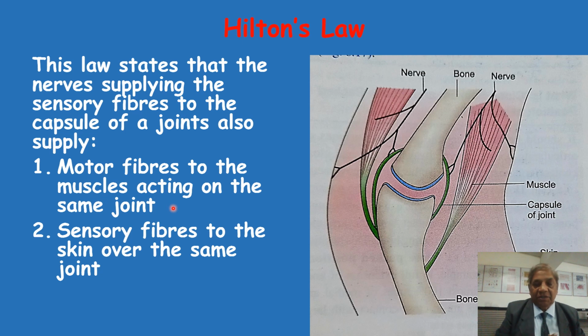The same nerve will send fibers to the skeletal muscles which are acting on that joint, and the same nerve will also send sensory fibers to the skin over the same joint. That means this nerve which is supplying the joint is also supplying the skin. Both are sensory fibers.